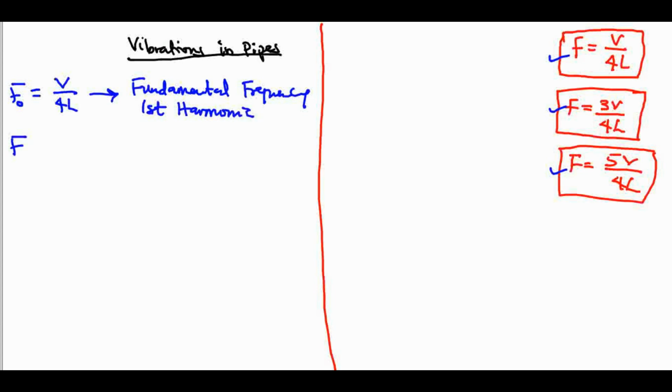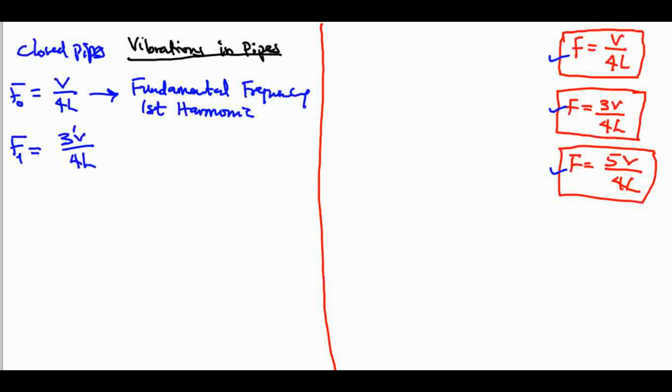And this is for closed pipe. Remember, this is exclusively closed pipes. F1 is 3V over 4L.